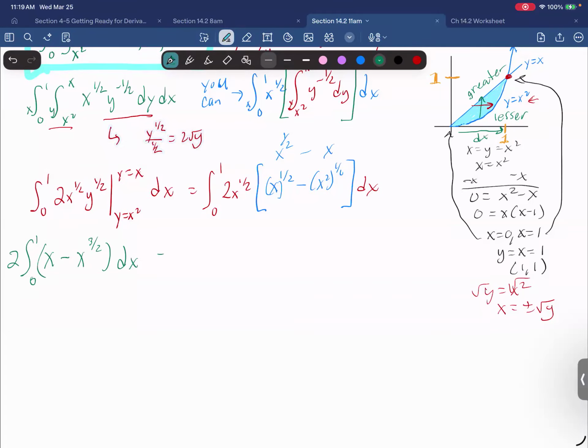All right. X to the 5/2, divided by that means multiply by the reciprocal. And we're going from 0 to 1.